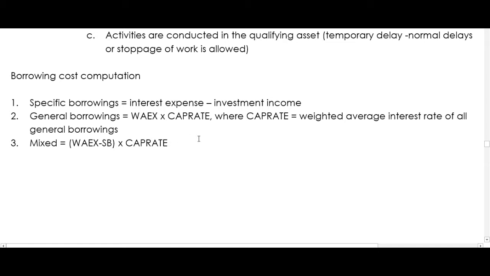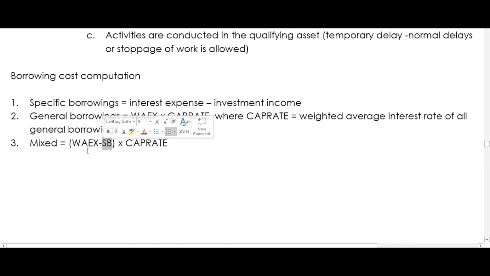Kasi baka ang gawin mo, kunin mo lang lahat ng interest rate divided by the number of loans. Hindi ganon. I-consider mo yung amount ng loan na inutang natin. Okay? Tapos, kapag mix naman, ibig sabihin may specific borrowing ka tapos may general borrowings ka, mag-start ka pa rin sa weighted average expenditure, ibawas mo yung borrowing that is related to the specific project, okay?